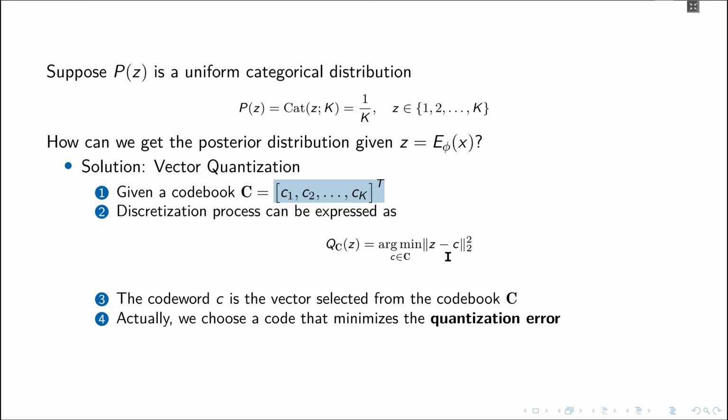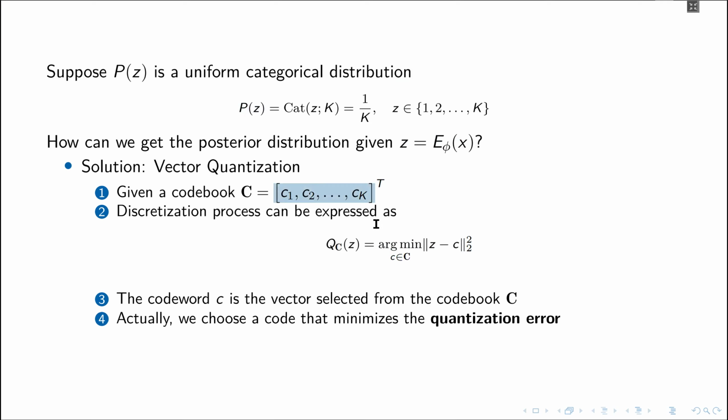If you want to have a categorical latent, you have to do something like this. It is not a continuous distribution, it is a discrete distribution, so you need to sample from this.